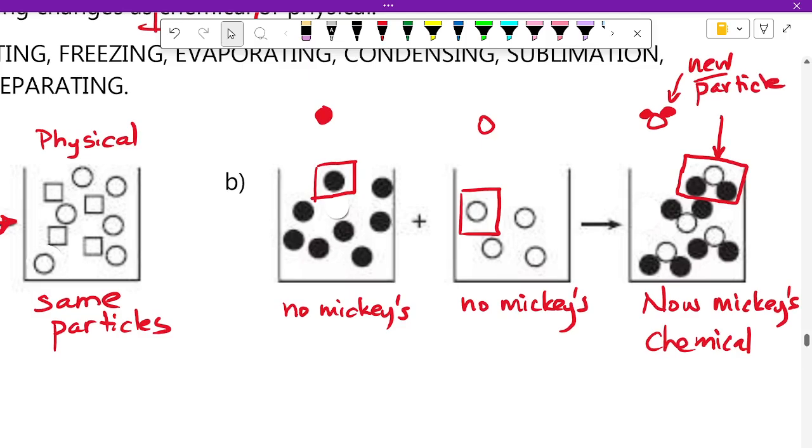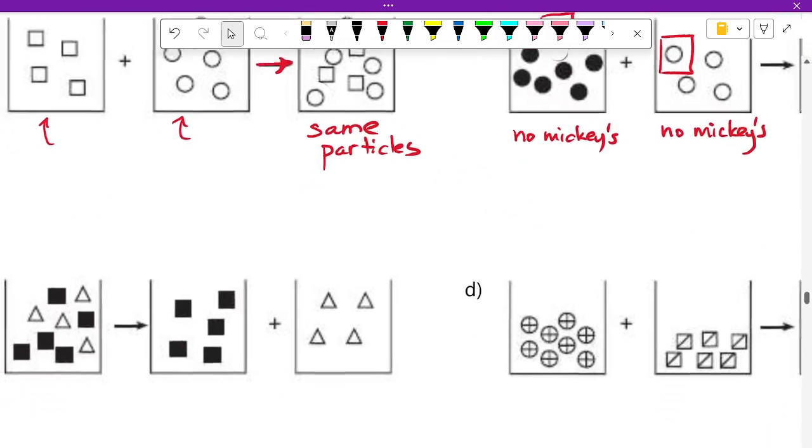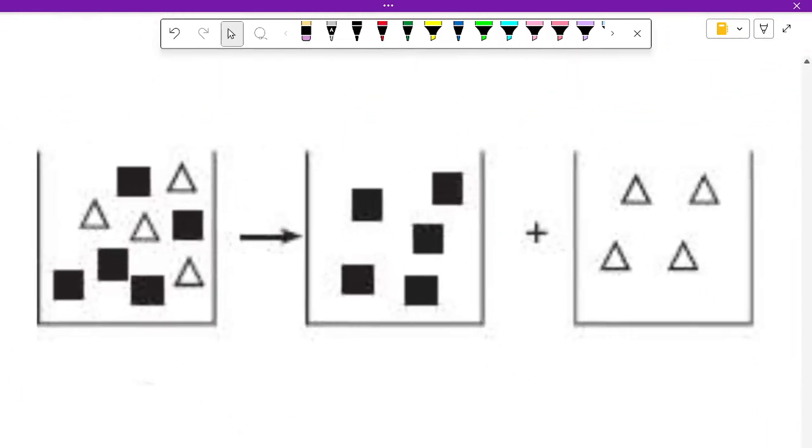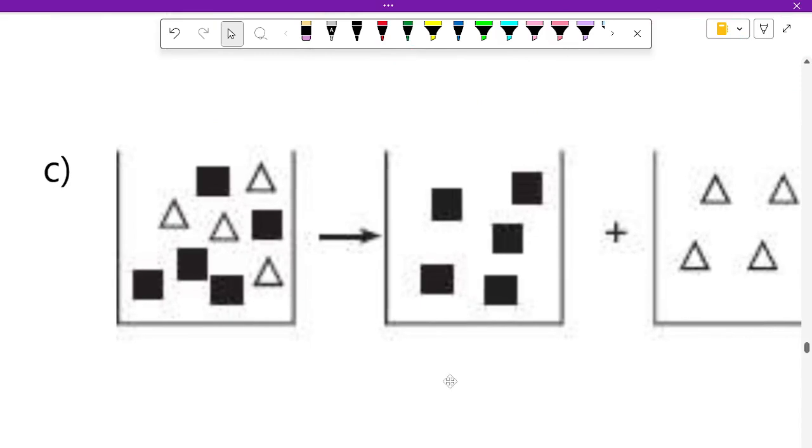Do you think you'd be able to try the rest of them on your own, or do you want to do a couple more together? Couple more together? Okay. In this first one, we have squares and we have triangles.